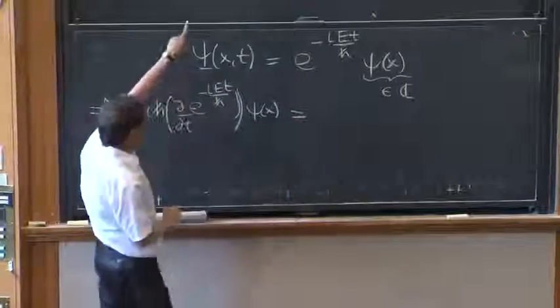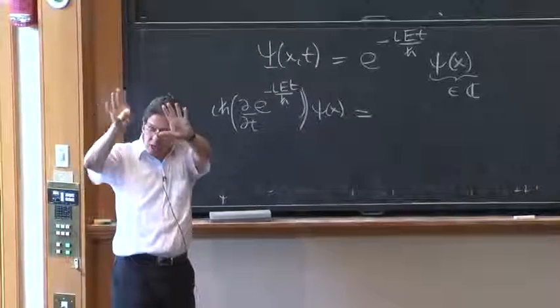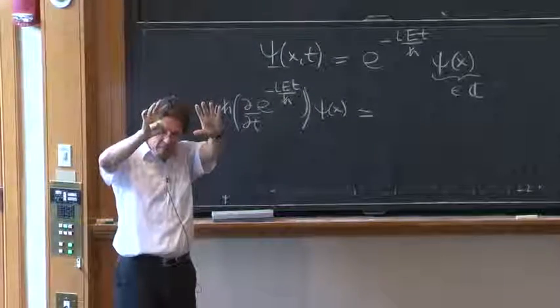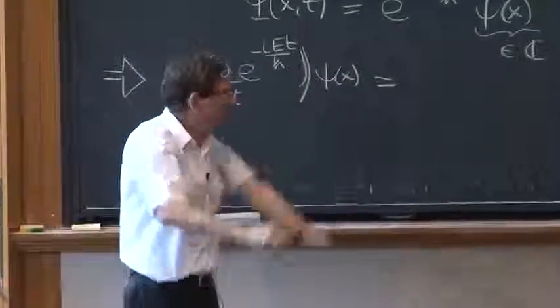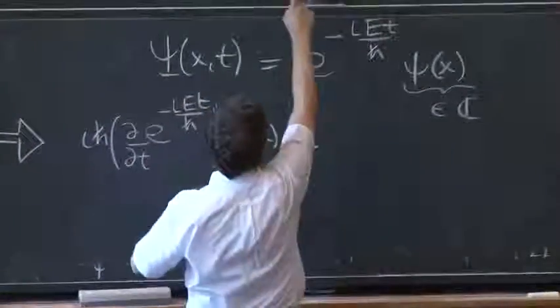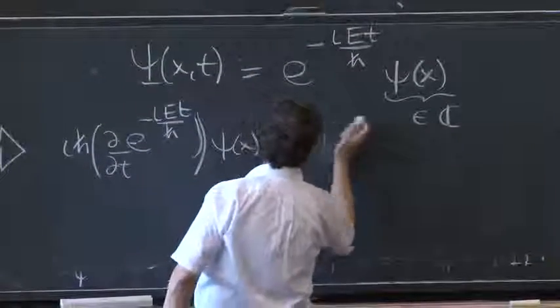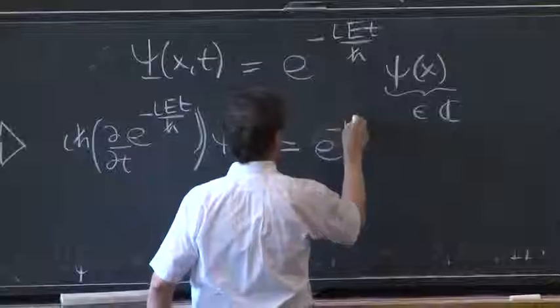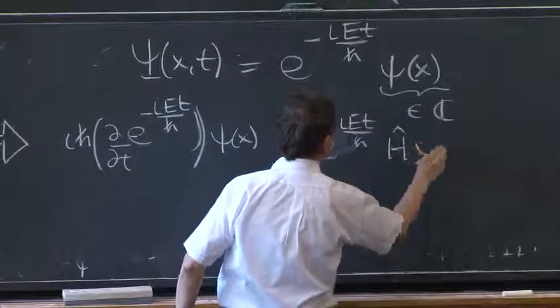On the other hand, on the right-hand side, the H has nothing to do with time. Therefore, it can slide through the exponential until it hits psi. So here you have the exponential in front, H on little psi.